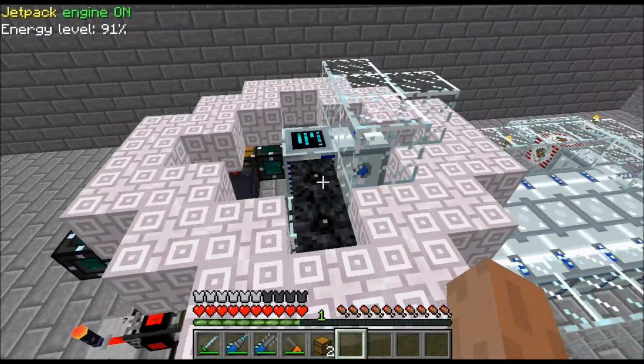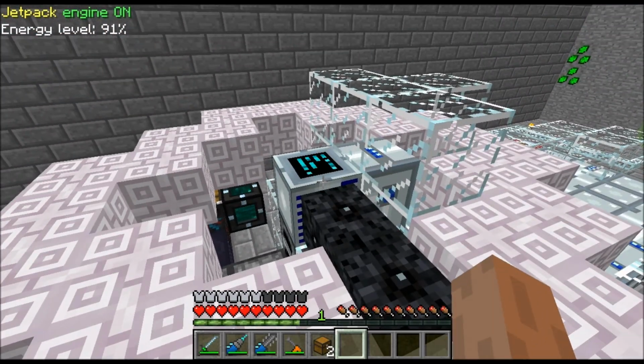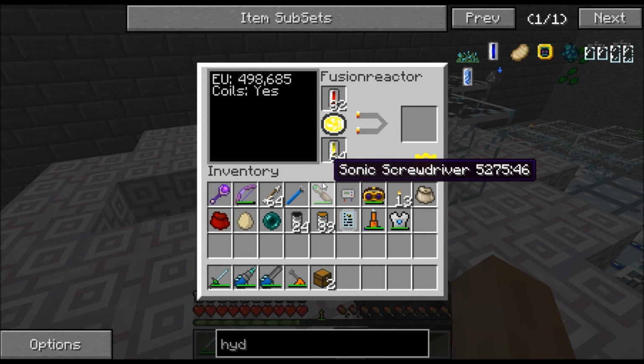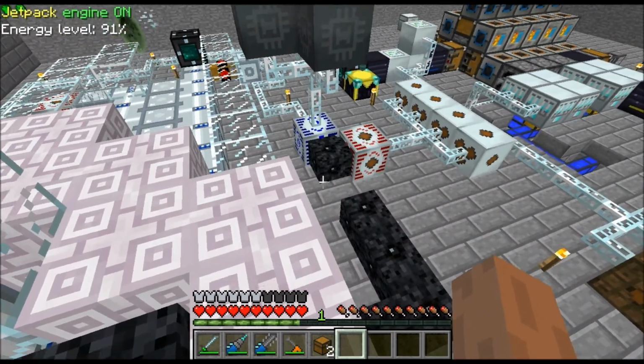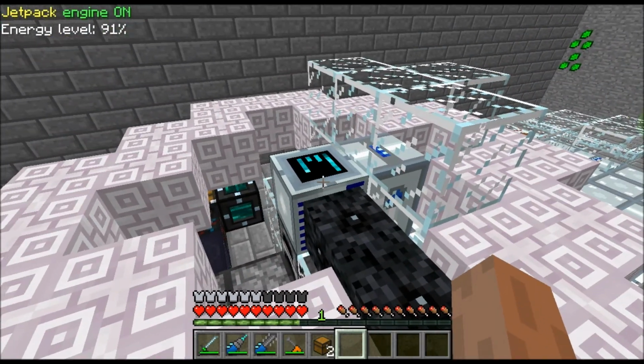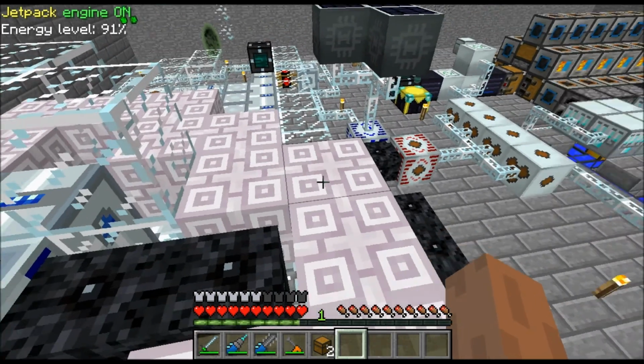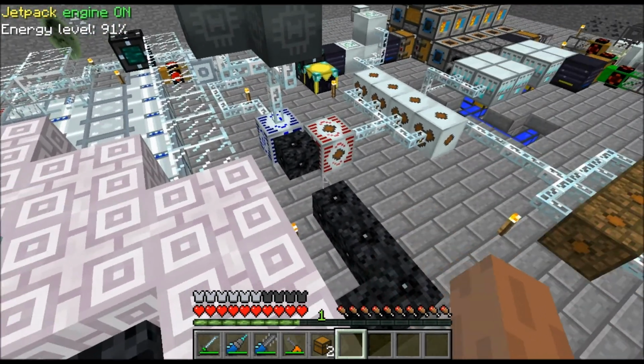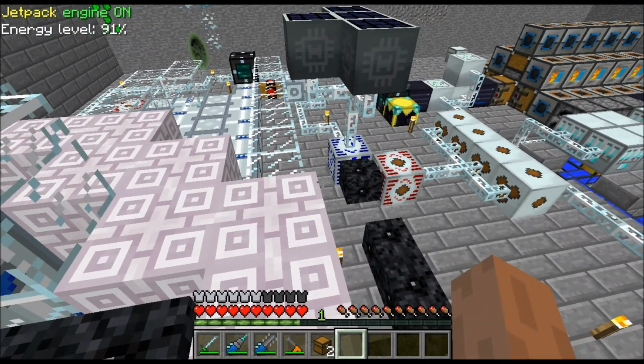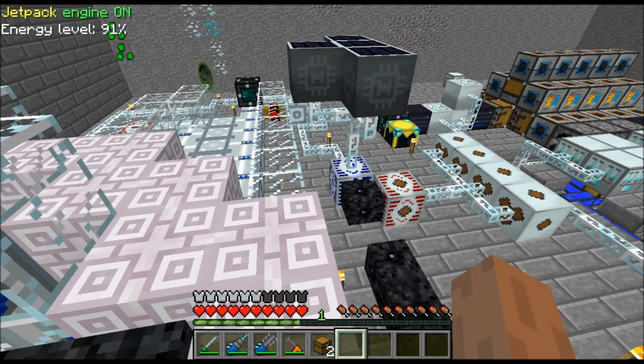So if the power buffer inside of the fusion reactor ever goes below 40 million, then I can just close this wire again, and it will recharge the fusion reactor. But the way the system's set up, I shouldn't ever have to do it, but I have it there just in case I do, or I shut things off and I have to restart things.